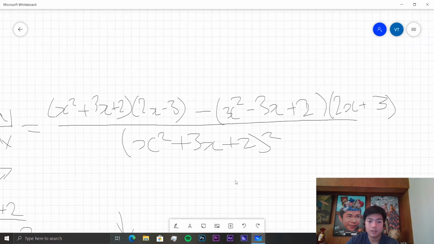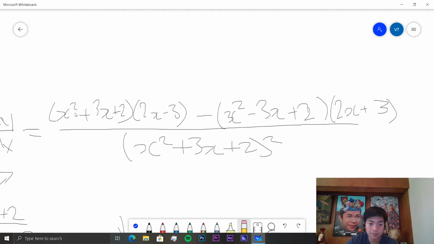So this top part should be equivalent to x squared plus 3x plus 2 times 2x minus 3. Let us just factor this.